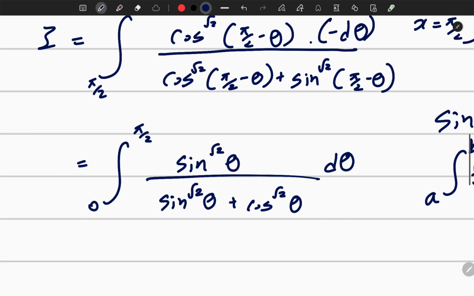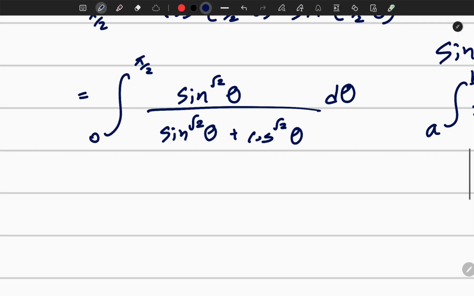Since this is a definite integral, the value of the integral doesn't depend on the variable.